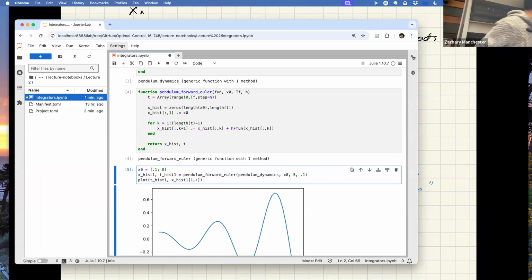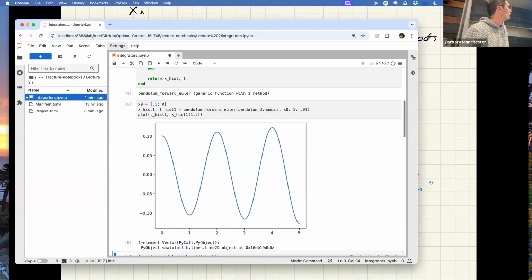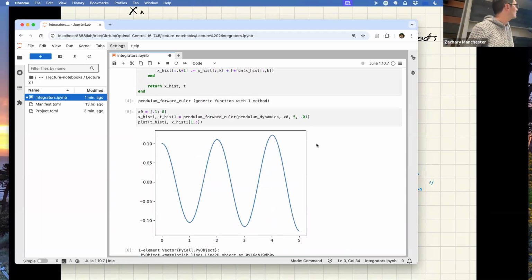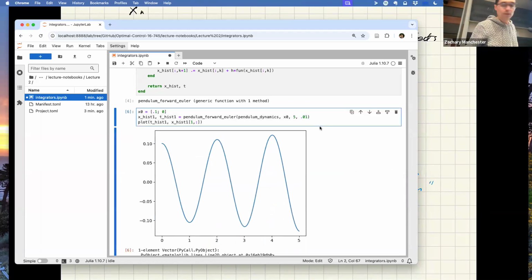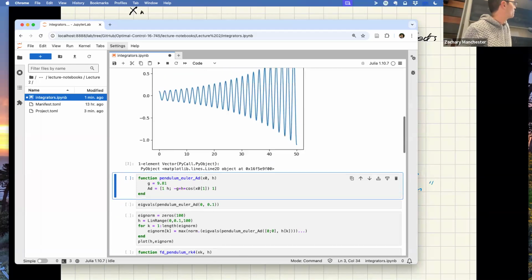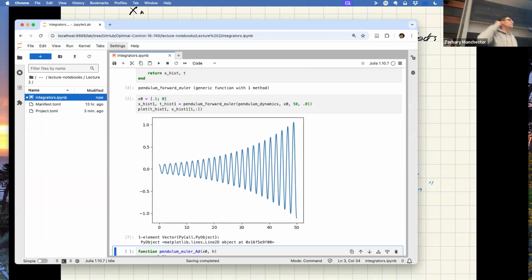I can't actually see my projector from over here, which is annoying. Okay, let's do 100 hertz. So that looks better, for sure. But if you pay attention carefully, if I make this 50 seconds instead of 5 seconds and go longer, it's still happening over a longer time scale. So it doesn't fix it really.